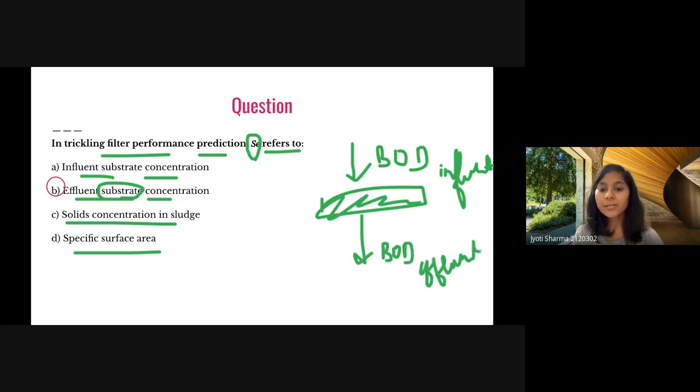So effluent means treated water, and substrate means BOD or organic matter concentration. Based on how much organic matter we had initially and how much we have right now, we can tell about the performance of your trickling filter, because BOD should be removed efficiently.